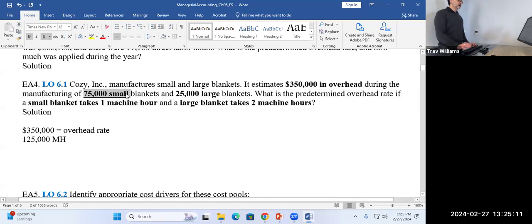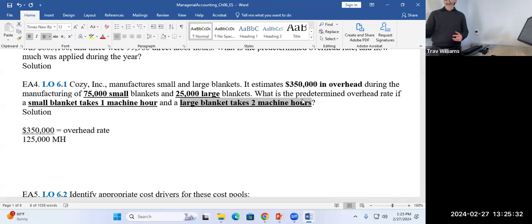Exactly. So there are 75,000 small blankets that each require 1 machine hour, right? So that's 75,000 machine hours. But we have a second product, 25,000 large blankets that each take 2 machine hours, right? So 25,000 times 2 is 50,000. So you have to calculate the activity for each product and then add it together.